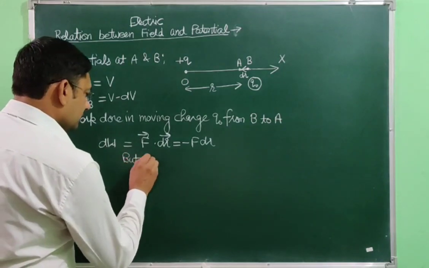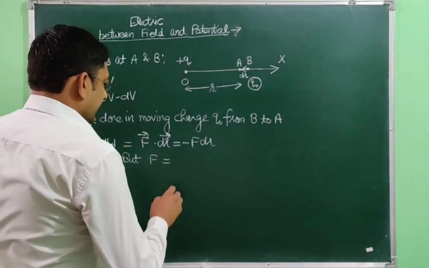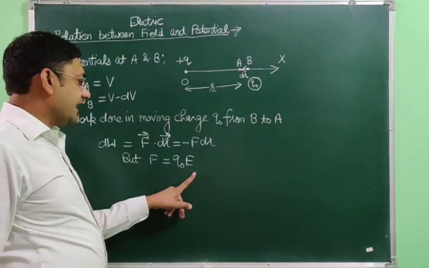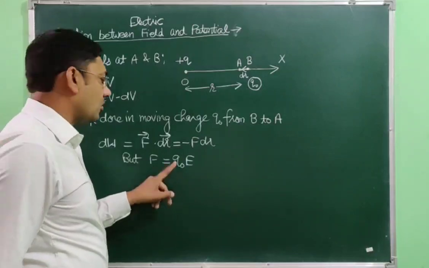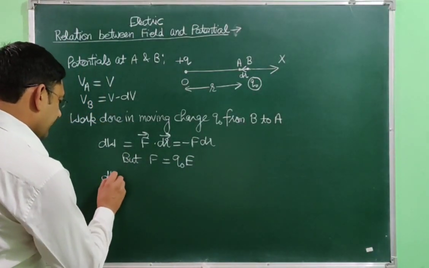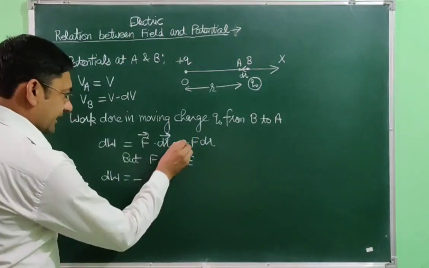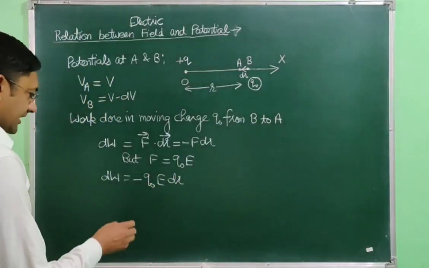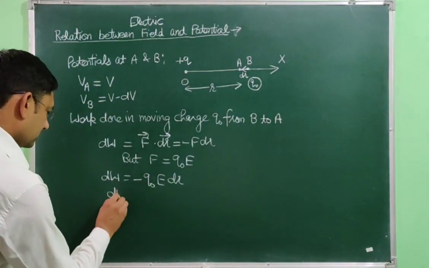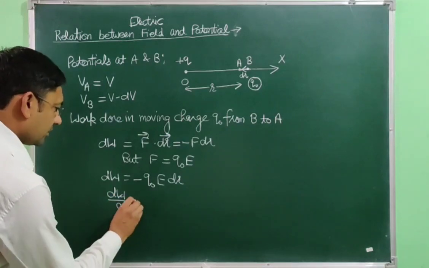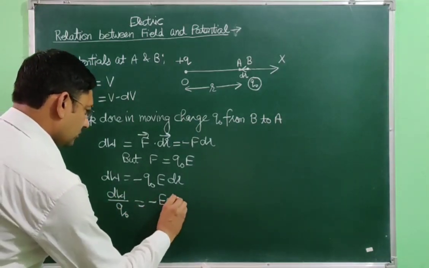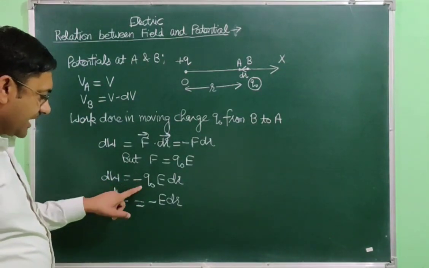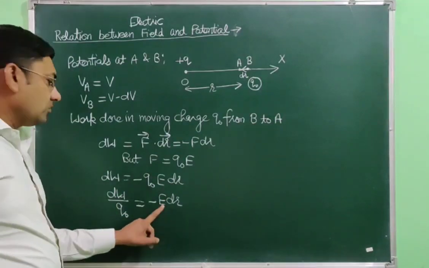But what is force? This force, electric force, it is Q naught times E. This is the electric force on this charge Q naught. So I am putting the value of F here. So minus sign is here, and F is Q naught E into dr. And if I divide by Q naught, so dW over Q naught equals minus E into dr. So what is this?